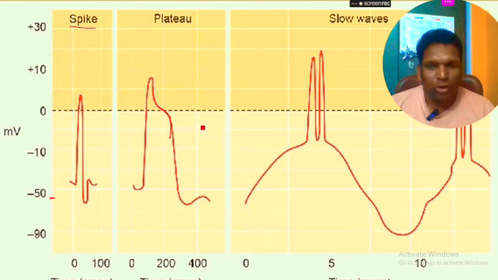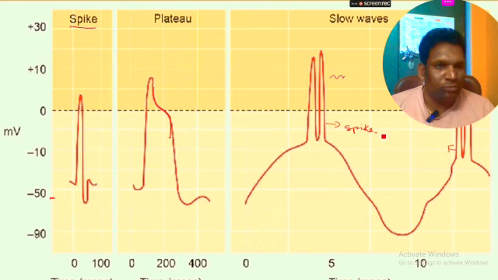These are called slow waves, the slow wave rhythm, and these are the spikes over the slow wave. The resting membrane potential is unstable, unlike skeletal muscle where it is fixed at minus 90 or minus 70. It varies from minus 50 to minus 70 millivolts.